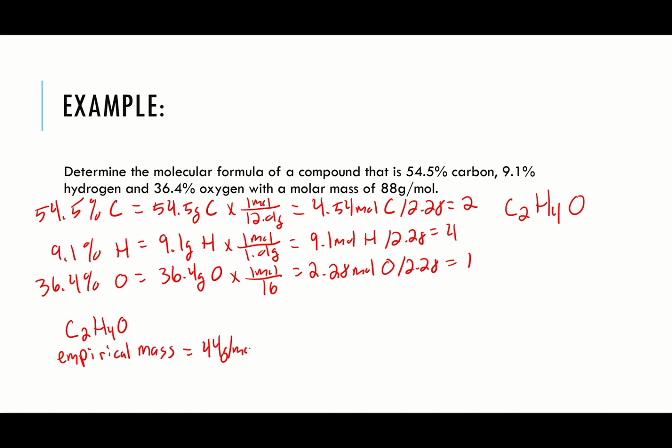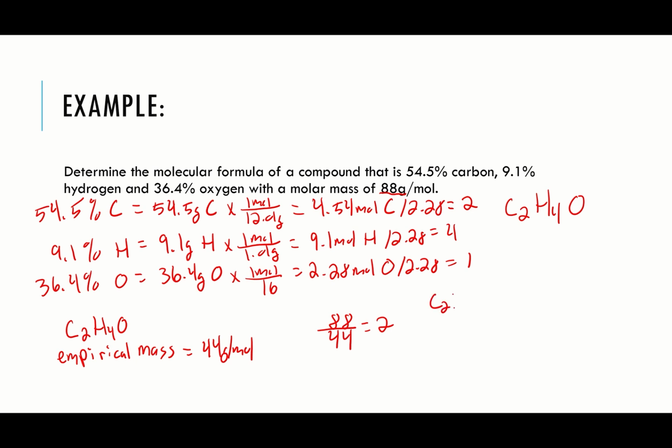This will bring us one step closer to finding the molecular formula. So C2H4O has an empirical mass of 44 grams. We're told the true molar mass of this compound is 88. So if I take 88 and divide that by 44, dividing the molecular mass by the empirical, that gives me a factor of 2. So this tells me the molecular formula is 2 times larger than the empirical, since its mass is 2 times larger.